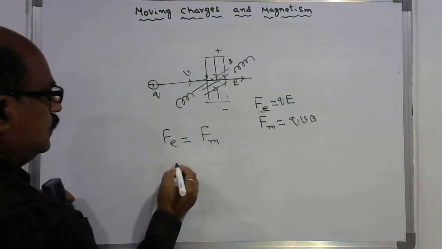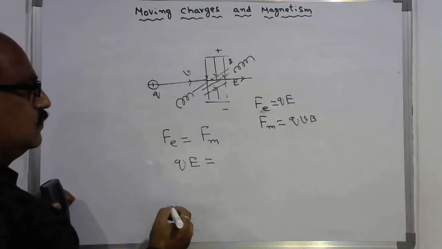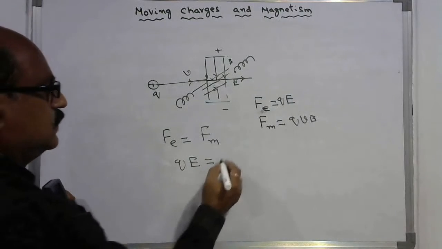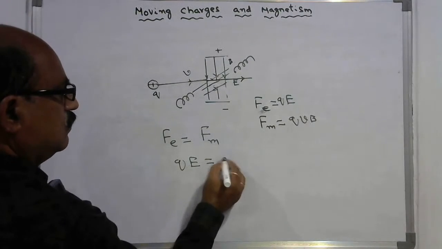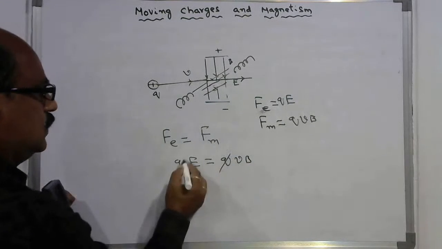Therefore, I write QE is equal to force due to magnetic field, QVB. Then Q can be cancelled.